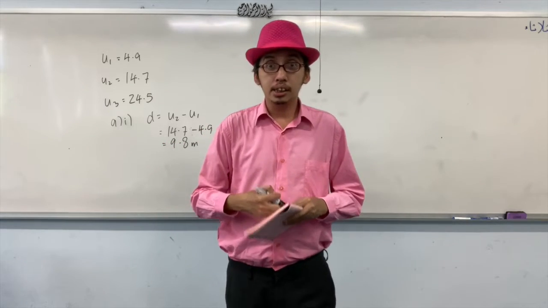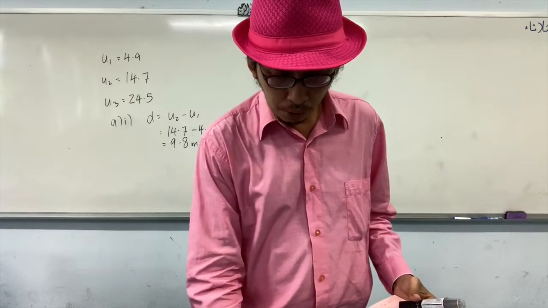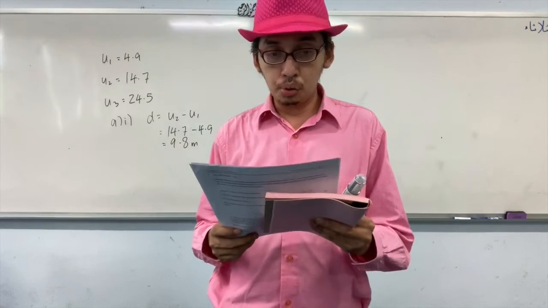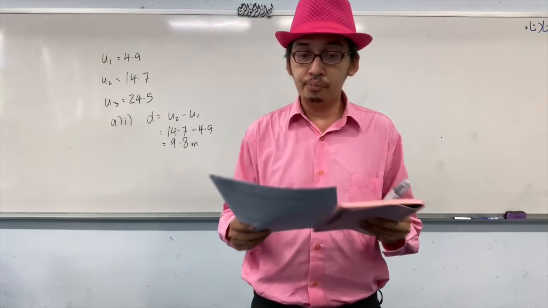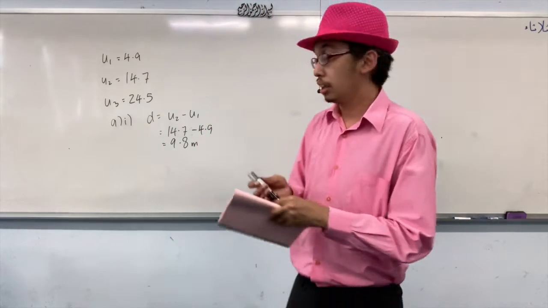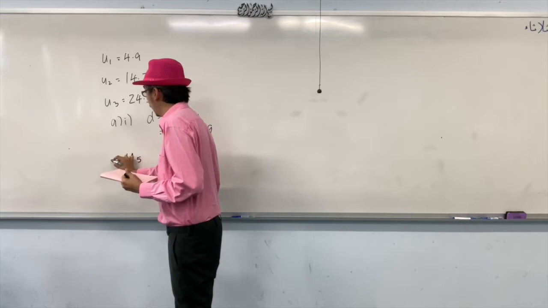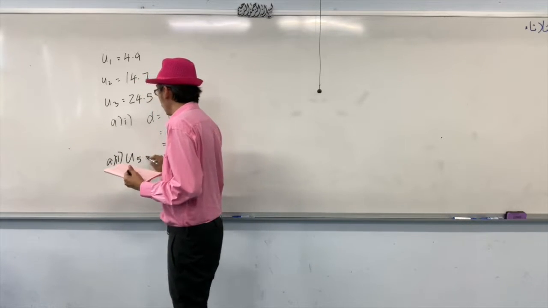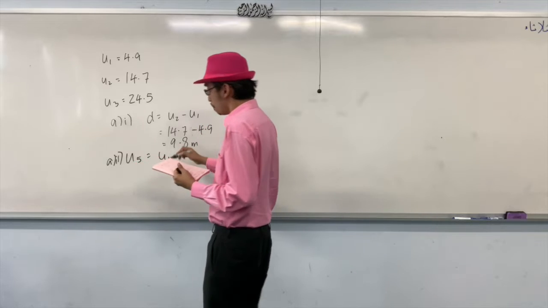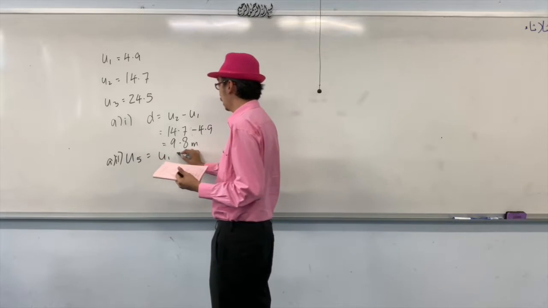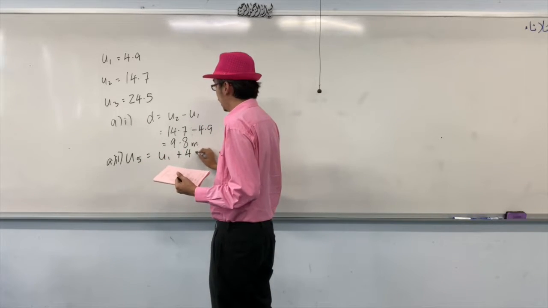The next question, 1A part 2, is find U5, the fifth term of the sequence. All you have to do for U5, if you remember the formula, is U_n equals U1 plus (n minus 1)d. So if you are comfortable already, just plus 4d.